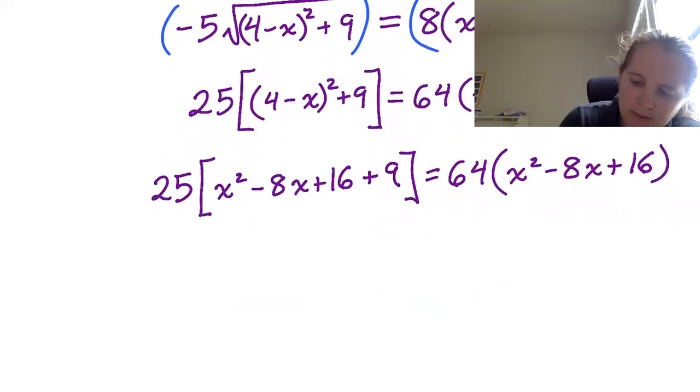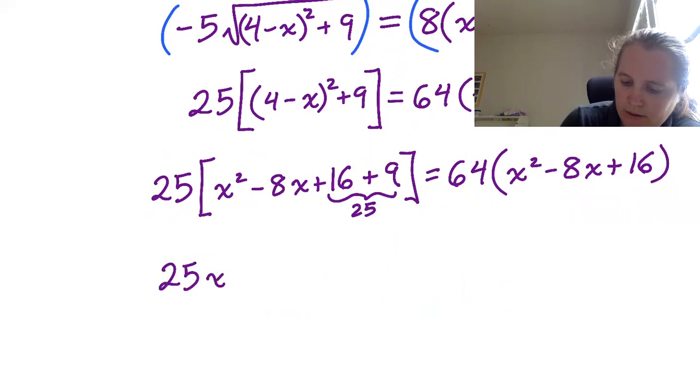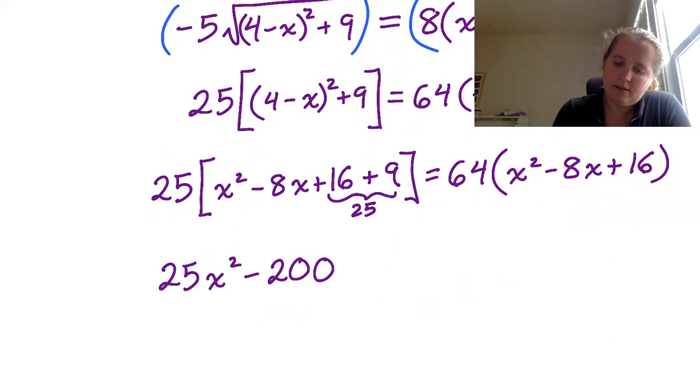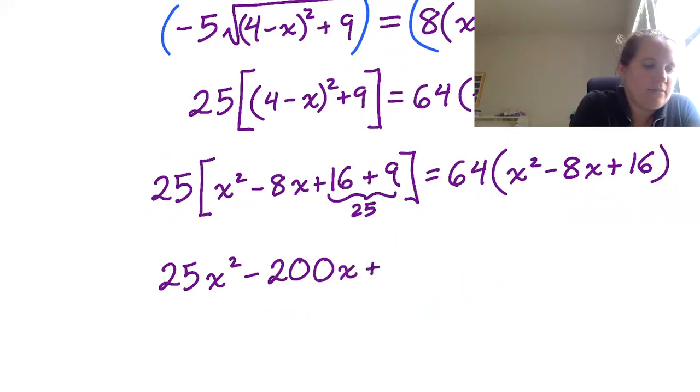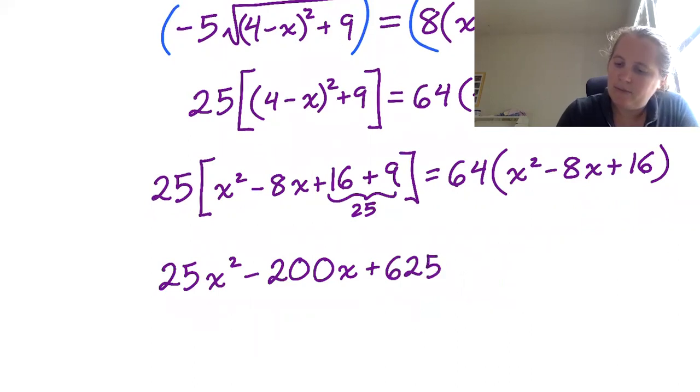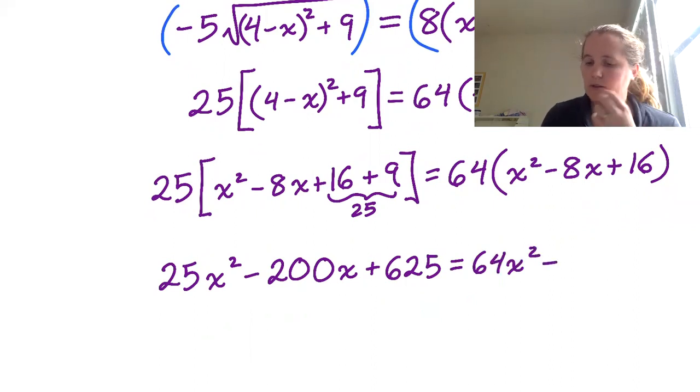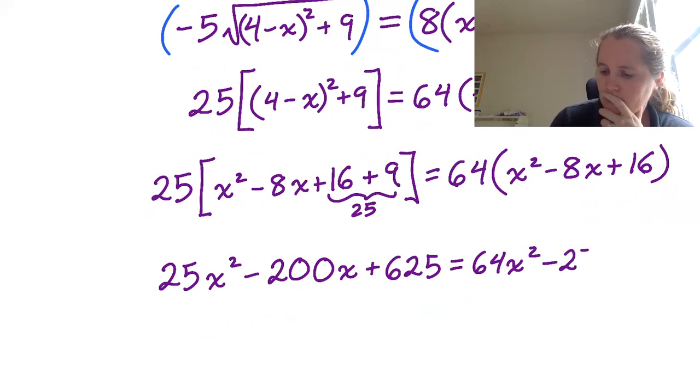So this becomes 16 plus 9 is 25. So we have 25x squared minus 200x plus 25 times 25 is 625. And then on the right, we will have 64x squared minus, let's see, 8 times 64, we should have 272.